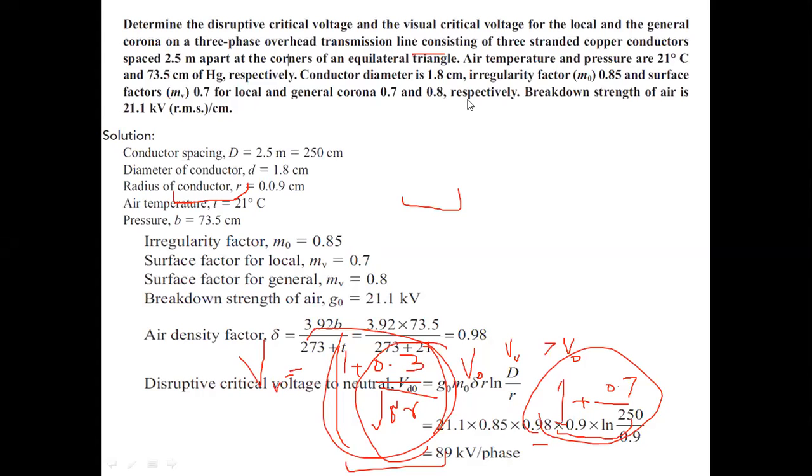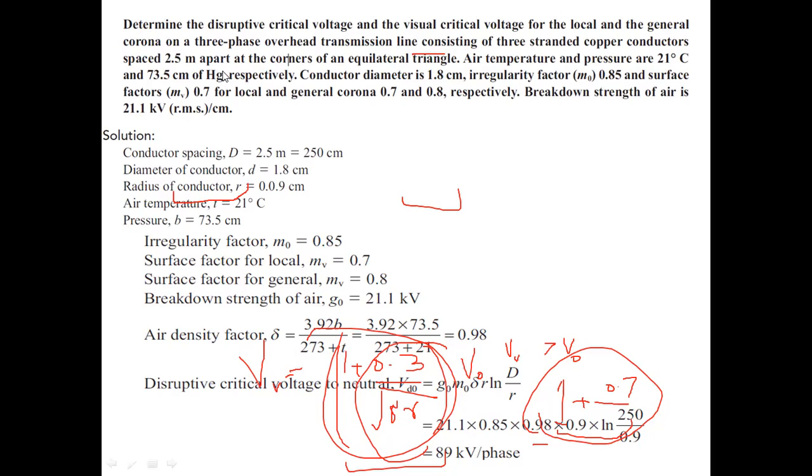Determine the disruptive critical voltage and the visual critical voltage, meaning the audible and the visual, for the local and the general corona on a three-phase overhead transmission line consisting of three stranded copper conductors spaced 2.5 meter apart. The value is given in meter, so if the rest of the values are given in centimeter, we have to convert it into centimeter as well.